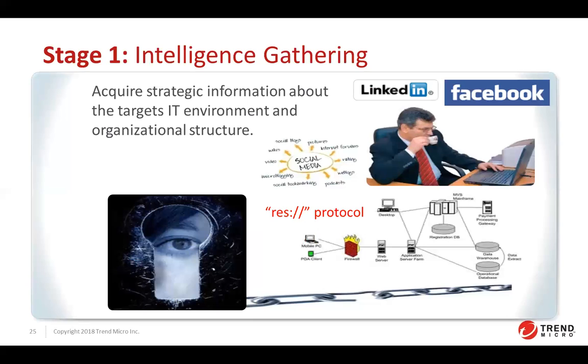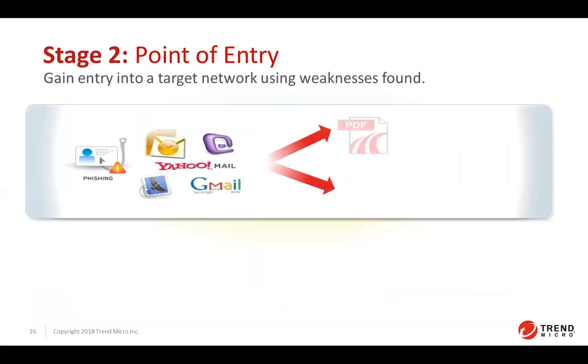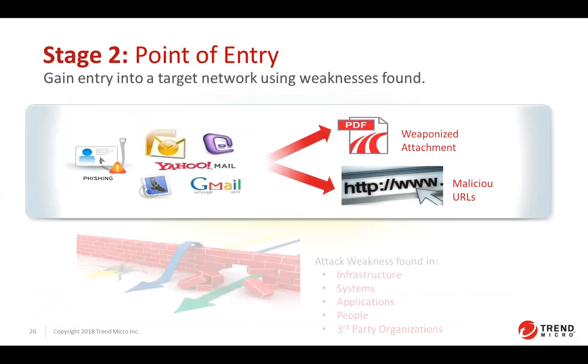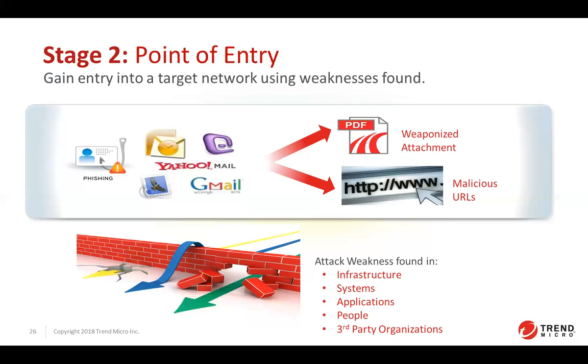This is where they decide who they want to target, why they want to target them, and how they want to target them. Then they will do the point of entry, and that's how they gain entry into the target network. Typically, just like with ransomware, email is going to be the first one. They're going to phish your employees, and they're not going to phish the employees that are in IT or know about security.